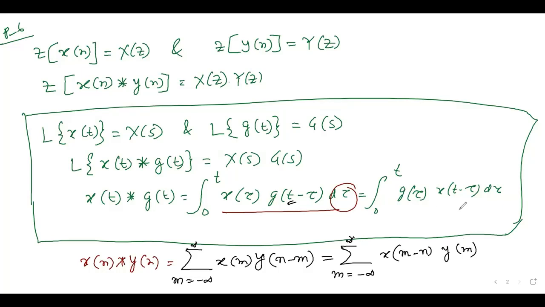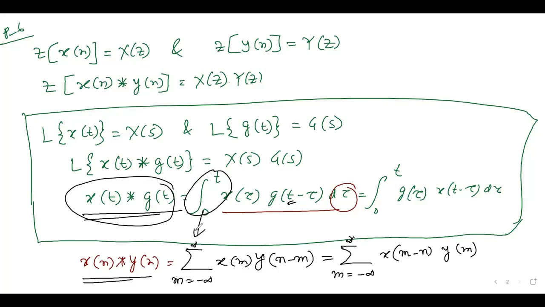This is the formula of convolution. Just like convolution of an analog signal, this is convolution of a discrete signal, where the integration is replaced by a sum. We find the summation with respect to m.